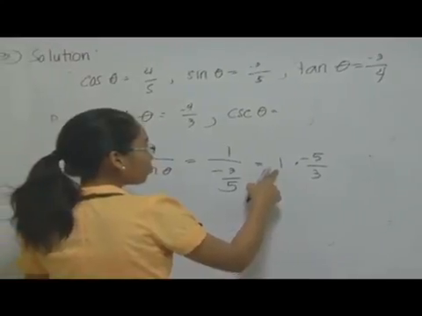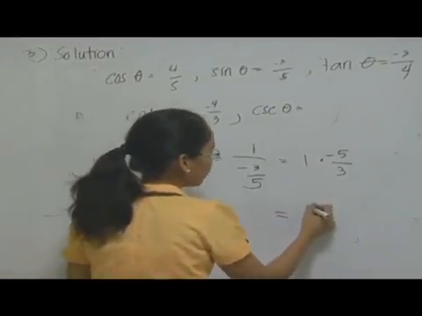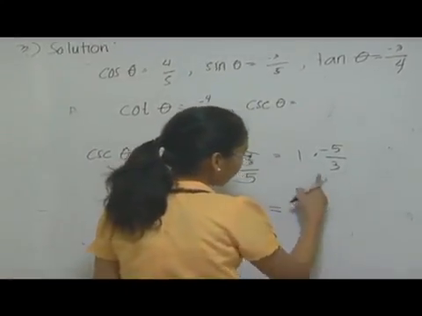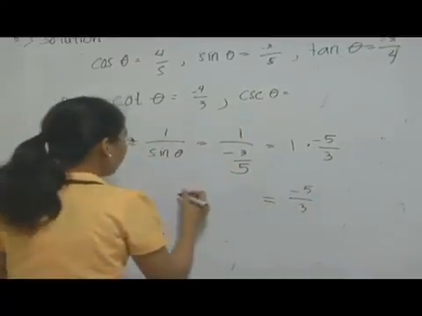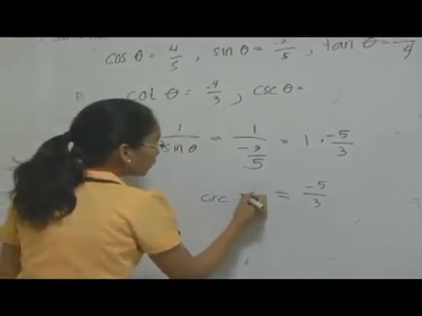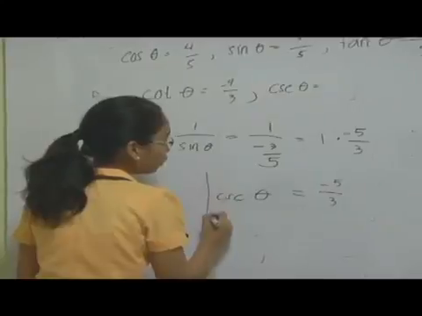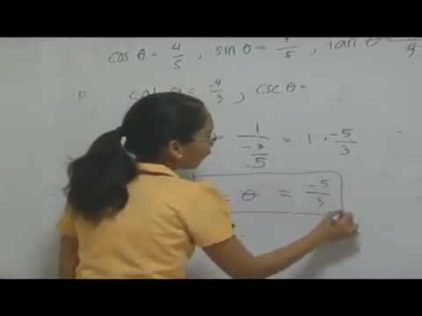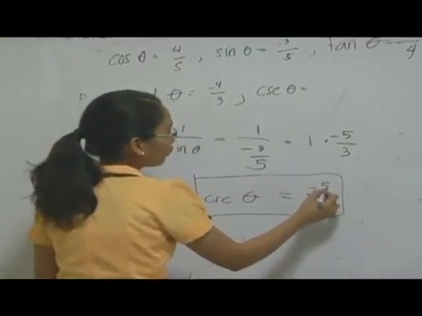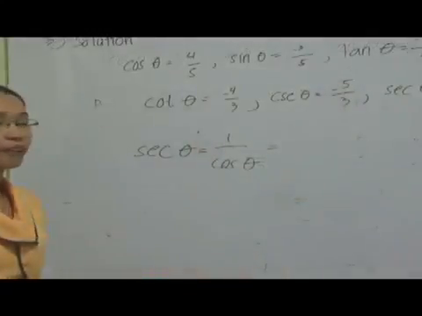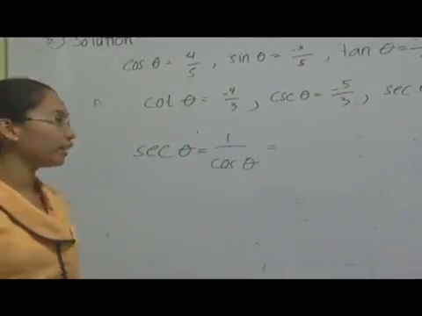Now, 1 times negative 5 is just equal to negative 5 over 3. So cosecant theta is just equal to negative 5 over 3.